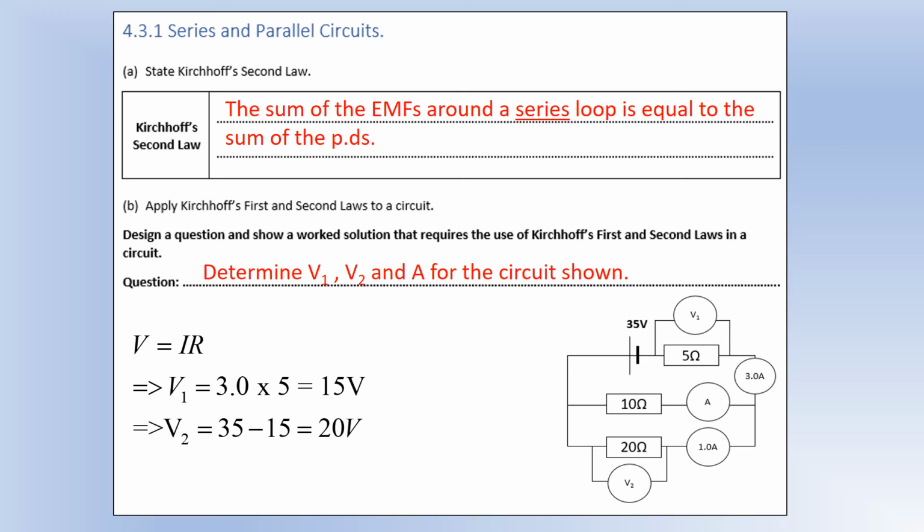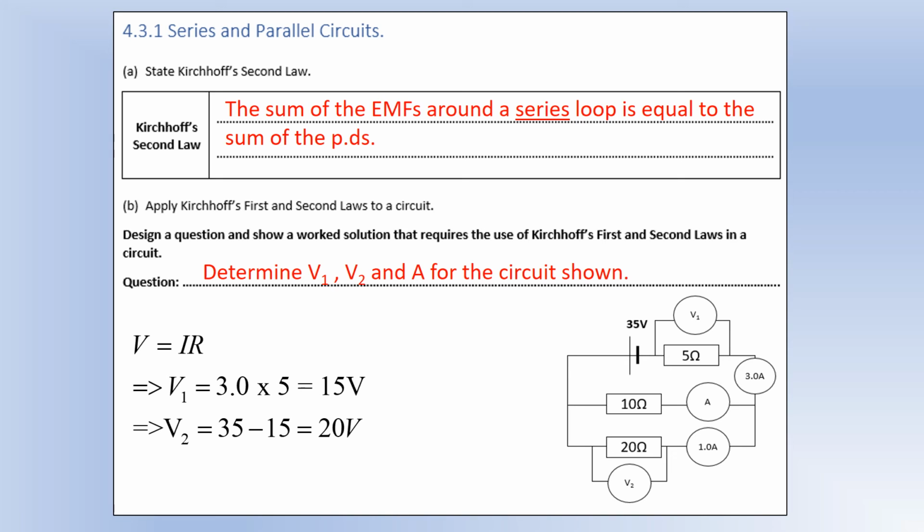So if we make the loop going through the battery and round through the bottom section of the circuit, we make that the loop. If the total EMF is 35, we lose 15 across the 5 ohm, which means across the 20 ohm, we must lose 20 volts of energy per charge.